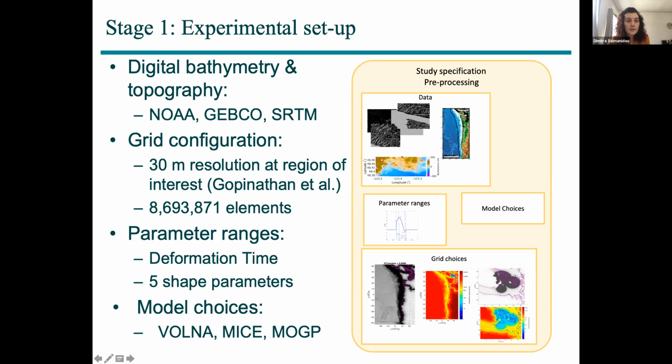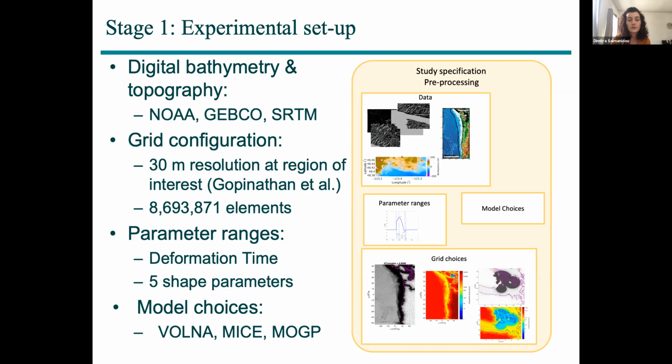And the other aspect is the grid. So we need the grid to be very finely resolved in the area around Victoria City, where we want 30-meter resolution. However, we cannot afford to have such a grid all across the domain, because it would be huge, and probably the simulations would crash.